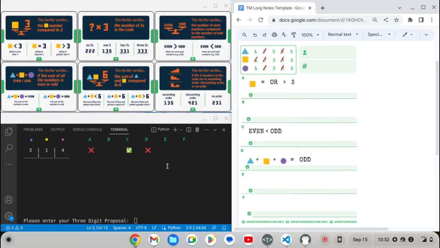What if triangle were, sorry, not triangle, but square. What if square were 3? Well, let's see. We don't know anything about the sum of the first 2, so it's pretty much less than, well, this is interesting.